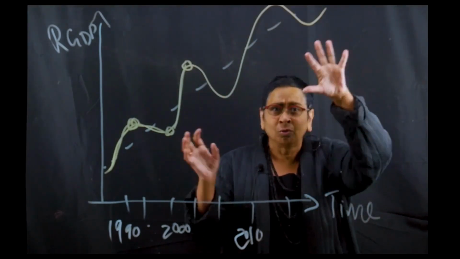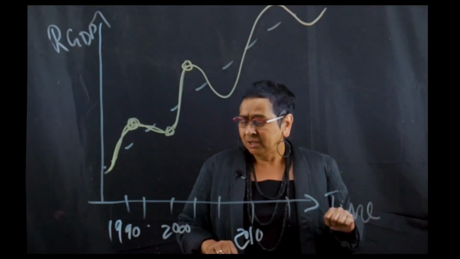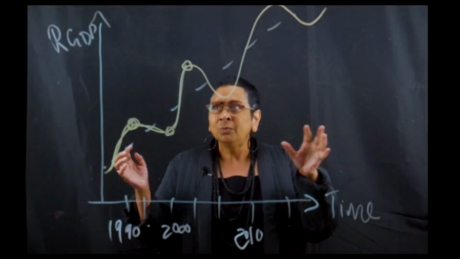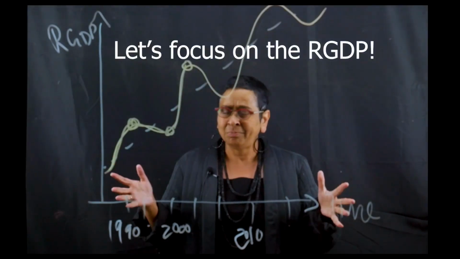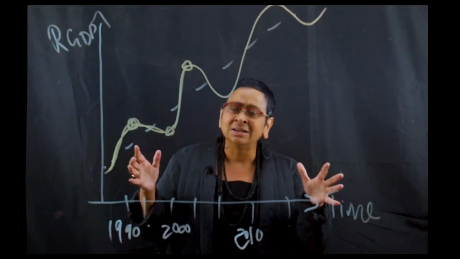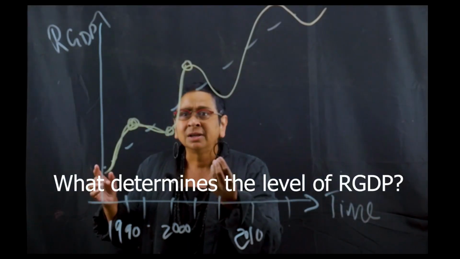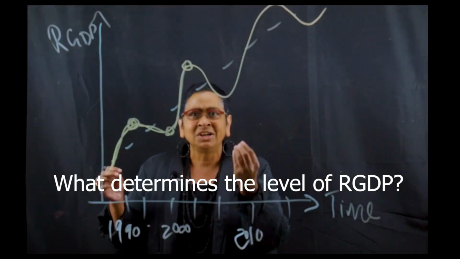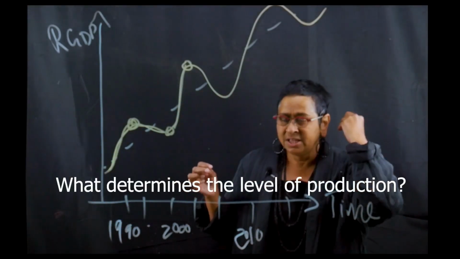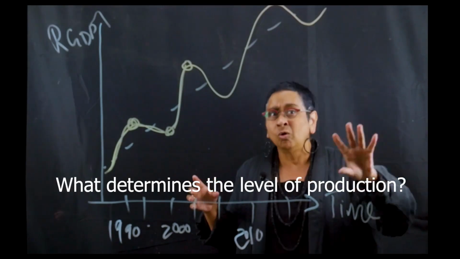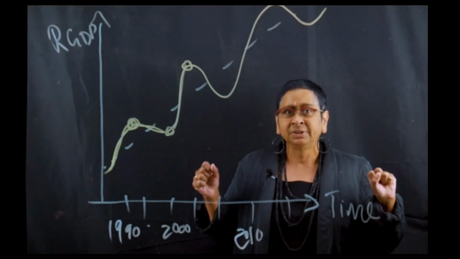So as we go through the quarter, we'll keep thinking about all these variations. But for now, we're going to hone in on real GDP, and on the question of what determines the level of real GDP. What determines the overall level of production in the economy?